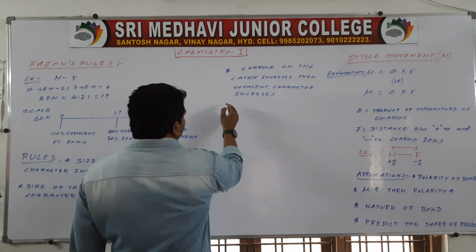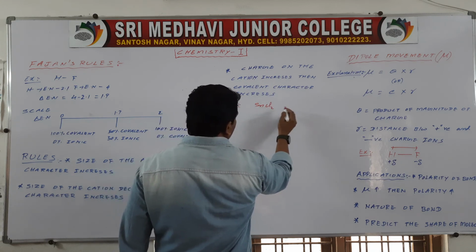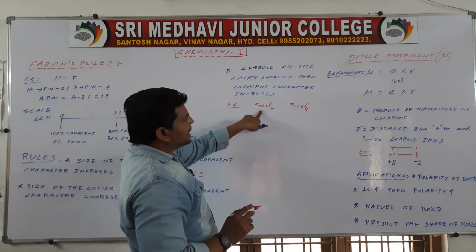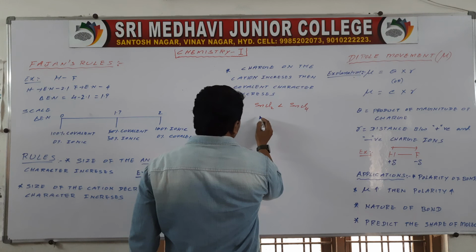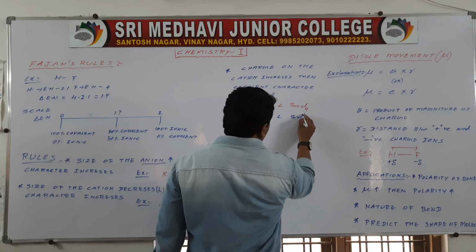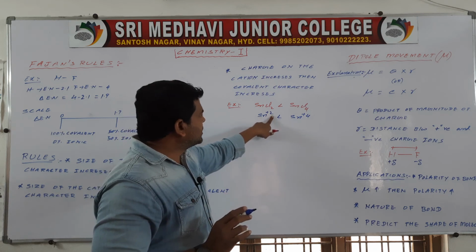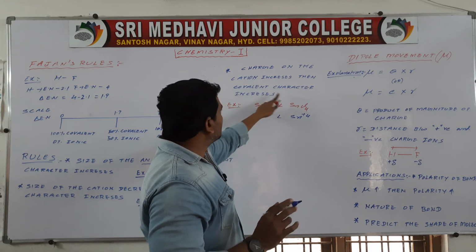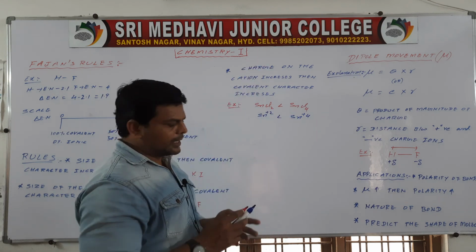For example, SnCl2 and SnCl4. Here it is a +2 oxidation state, it is a +4. So Sn +2 is less than Sn +4. It has more covalent character than this. Why? Because its charge is +2, its charge is +4. Then charge on the cation increases, covalent character increases. So +2 to +4 increases. So it has more covalent character.